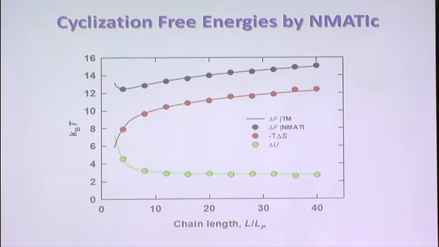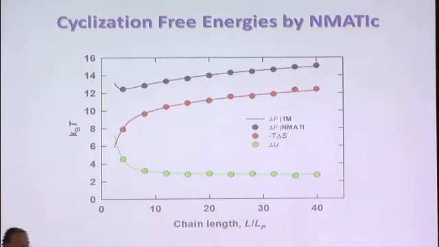The smooth curves in this plot are the free energy and entropy terms of cyclization as a function of chain length. This goes out to about 6,000 base pairs. These smooth curve values come from the transfer matrix approach I talked about earlier.